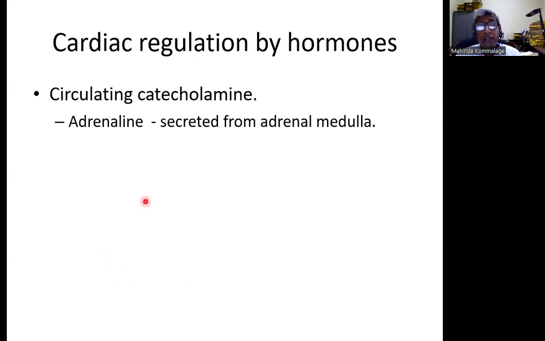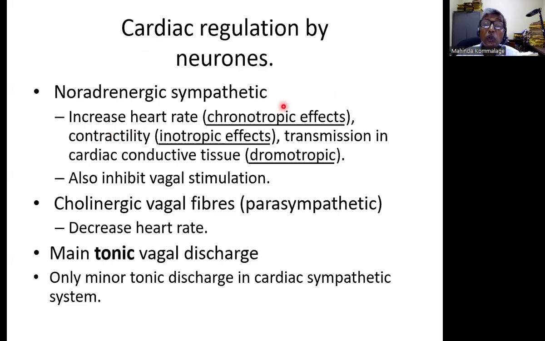In addition to that, the heart can be controlled through hormones also, right? The main hormone comes from the adrenal medulla, adrenaline. So adrenaline secreted from the adrenal medulla will go to the blood. Through the blood, it will come to the heart muscles, act on receptors there, and do this chronotropic effect, inotropic effect, dromotropic effect.